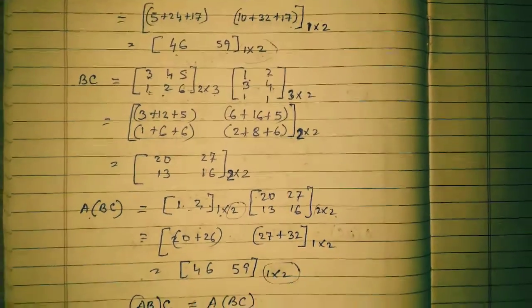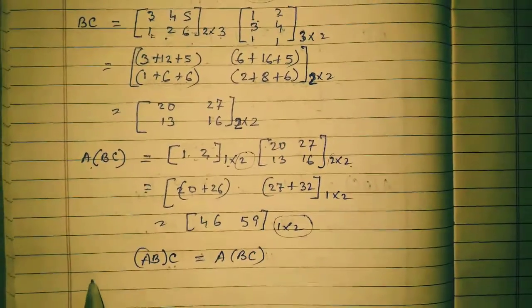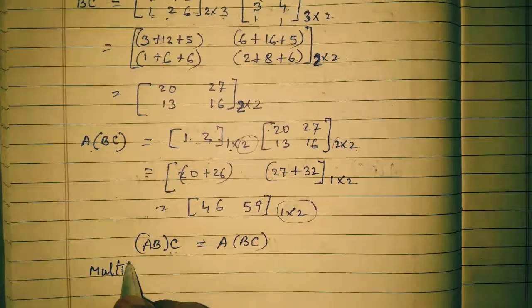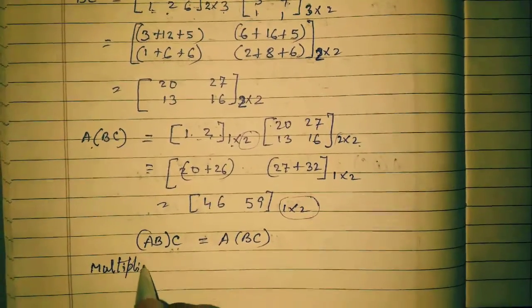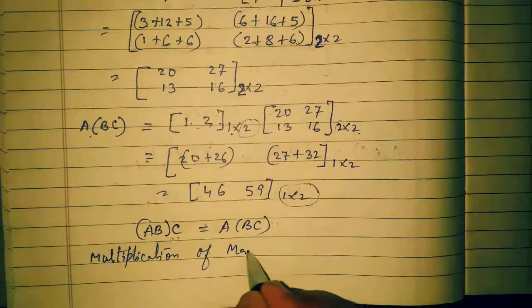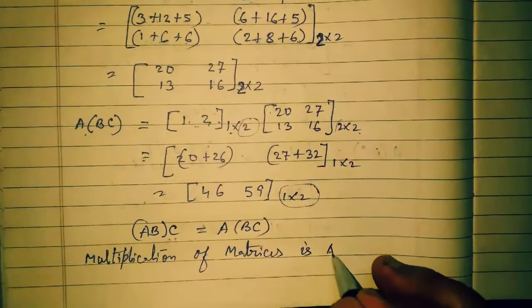This is equal. When the result is the same only, we can say that multiplication of matrices is associative.